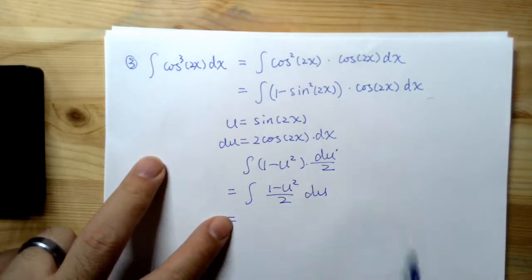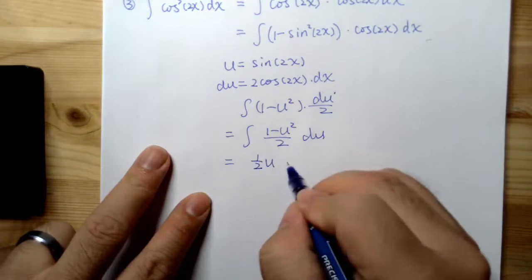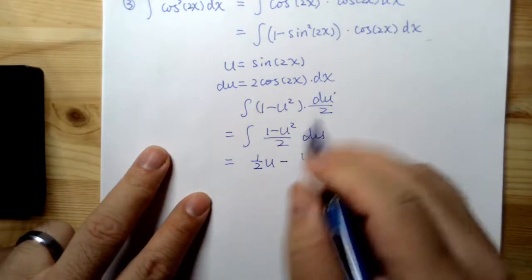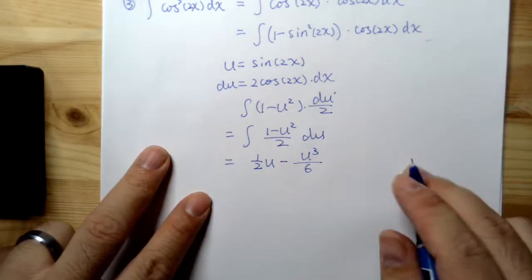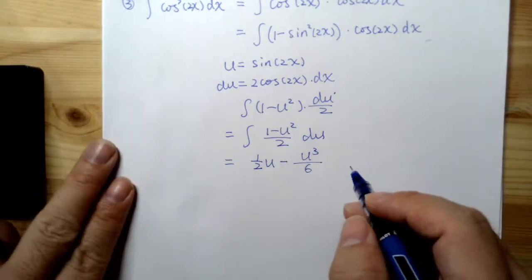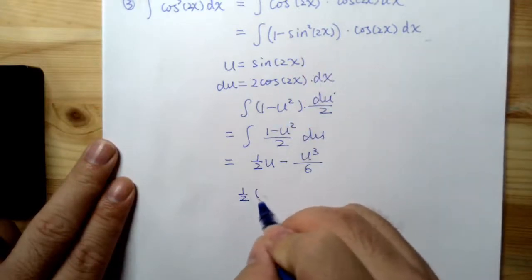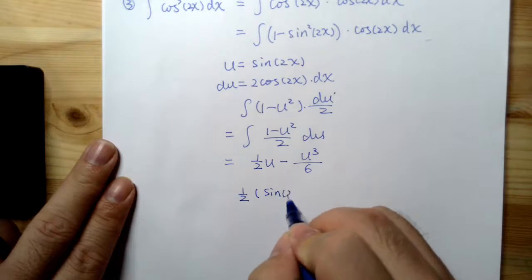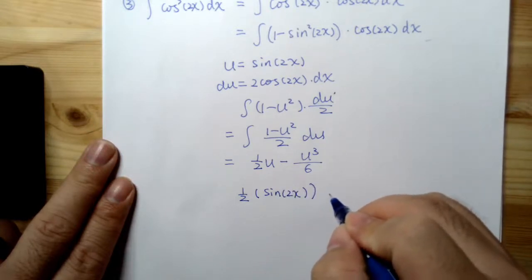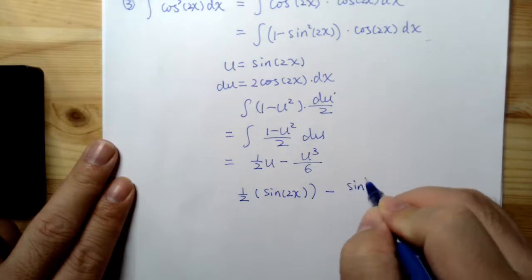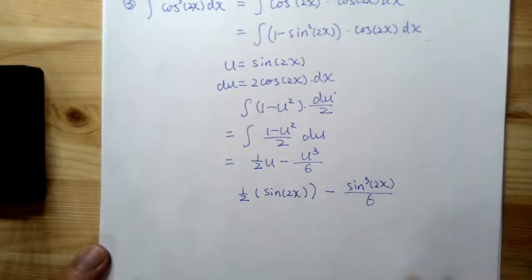This integral is pretty easy to evaluate, which is going to be half u minus u cubed, actually over 6. And of course, if you substitute back, the result is 1 over 2 sine of 2x minus sine cube 2x over 6. Okay, so this is part 3.